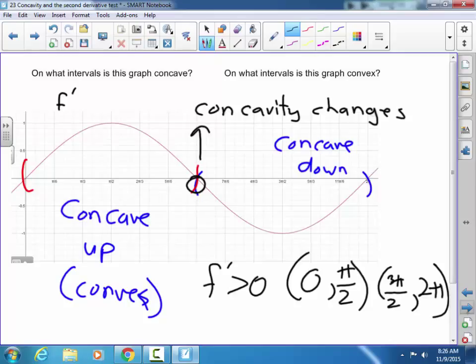Where is the first derivative increasing?